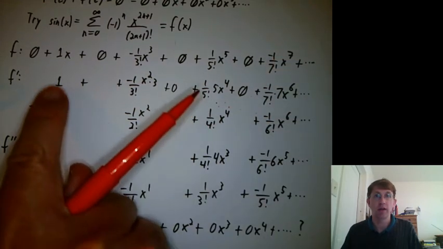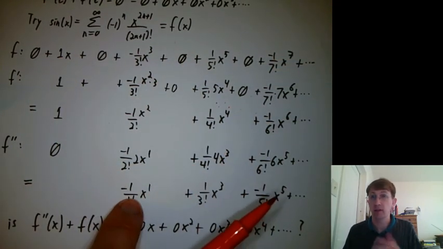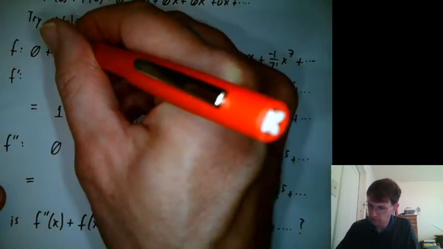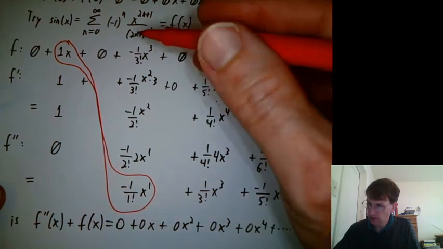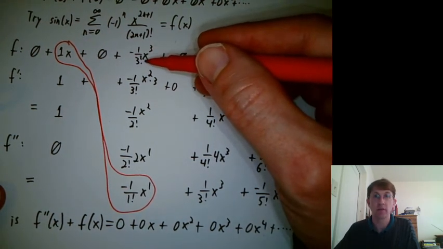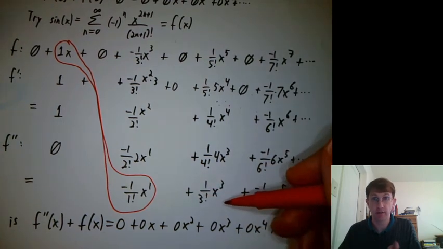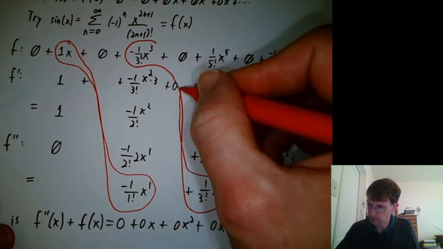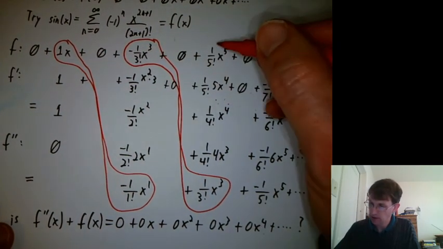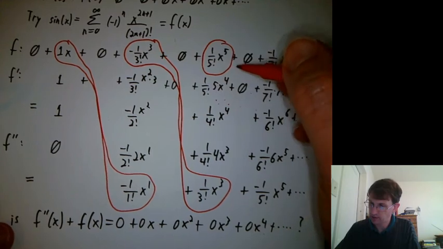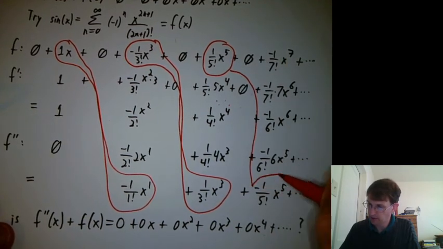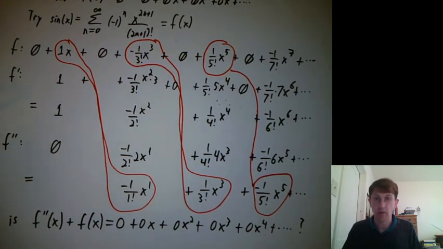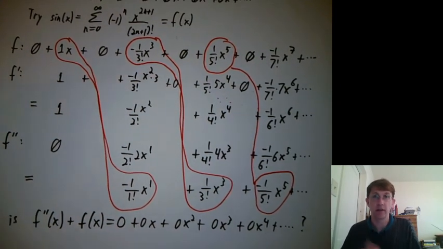Well, here I have a positive 1x, and here I have a negative 1x. So those will cancel. Here I have a negative x cubed over 3 factorial. Here I have a positive x cubed over 3 factorial. So those will cancel. Same pattern here. I have a positive x to the 5th over 5 factorial. I have a negative x to the 5th over 5 factorial. That'll cancel. So it certainly looks like everything will cancel, and it does.